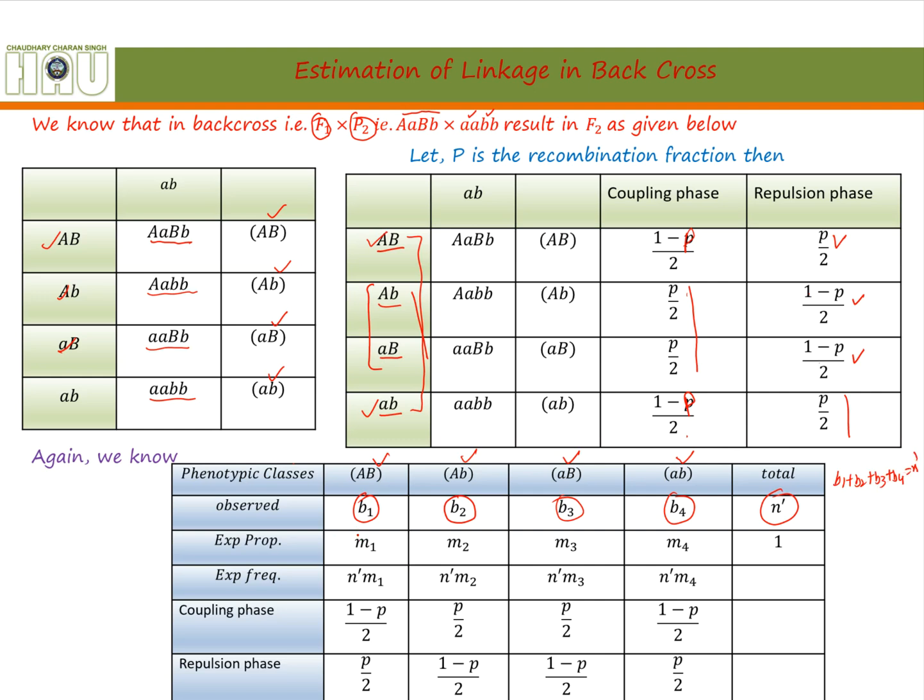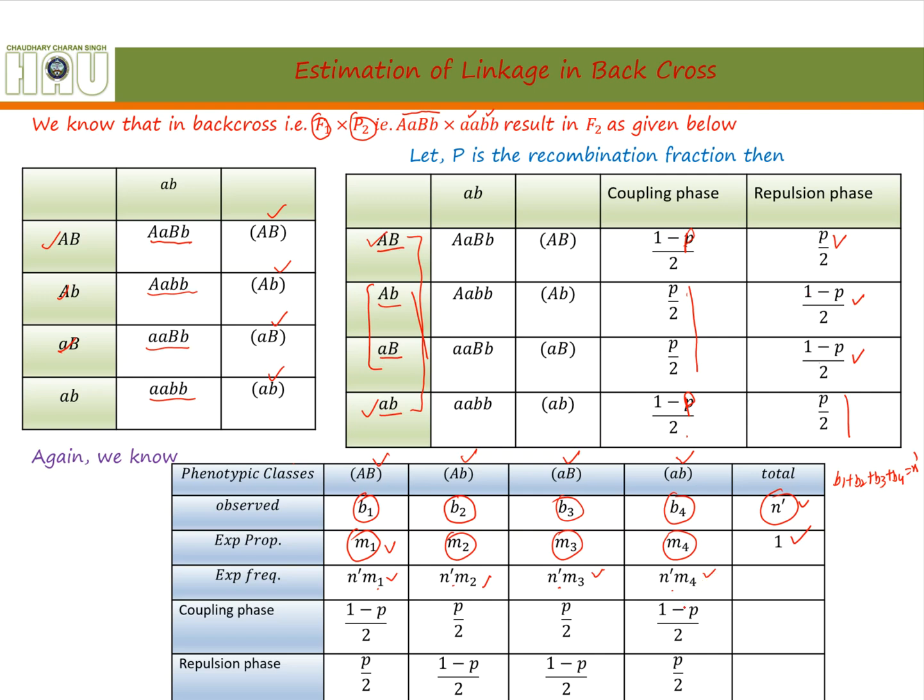And these are my expected proportions M1, M2, M3, M4. Since we are talking about proportions, their sum will be equal to 1. These are actually probabilities. When probability is multiplied with the total number, you get the expected frequency. So n dash m1, n dash m2, n dash m3, n dash m4 are my expected frequencies.